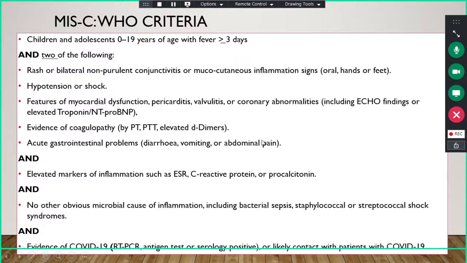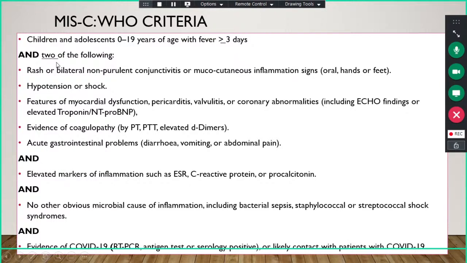As you can see here, there is not much importance given to the respiratory symptoms because majority of these patients may not present with respiratory symptoms. Some of them may have it, but major abnormality is gastrointestinal or cardiac problem, along with that skin and conjunctival problem.